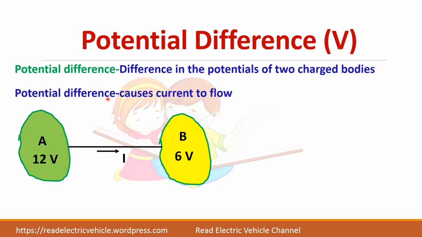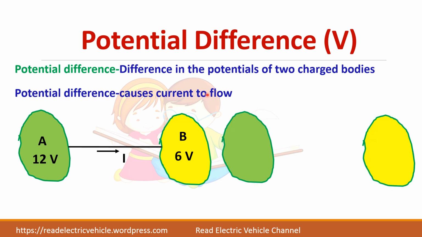So potential difference causes current flow. And suppose the two bodies have the same potential. In that case there will be no current. That is, only when there is a potential difference will current flow, and when both are at the same potential there will be no current flow.